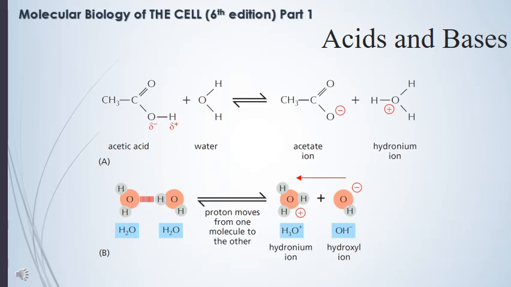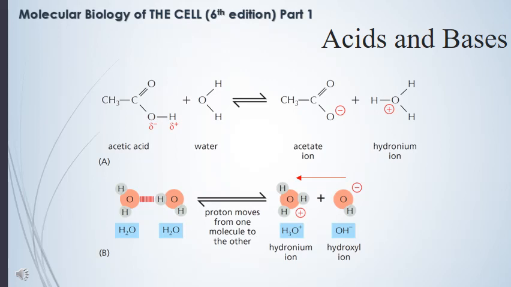Once it interacts with a water molecule, we get an acetate ion, which is negatively charged, and we get a hydronium ion, which is positively charged. As you can see, it's an H3O. So effectively, this reaction adds a proton, a positively charged hydrogen, to the water solution.